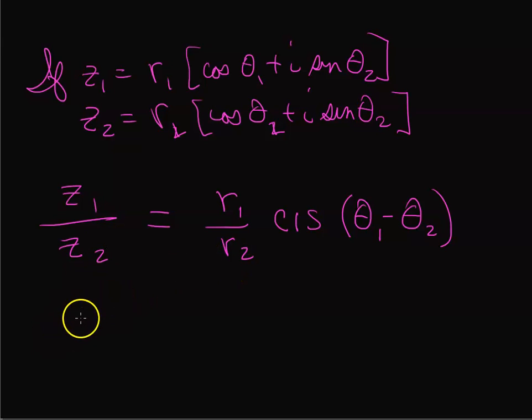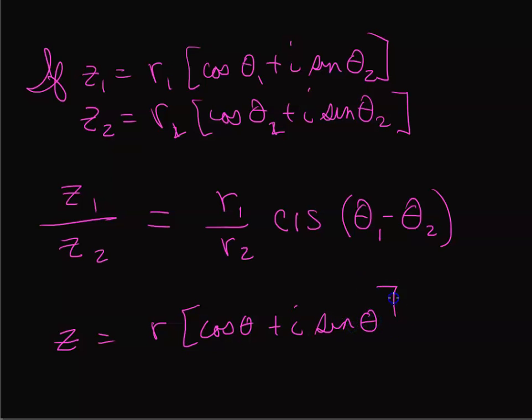That's really all there is to section 8.3. If you take z, which is just r cosine theta plus i sine theta, then z to the nth power is r to the nth cis n theta.